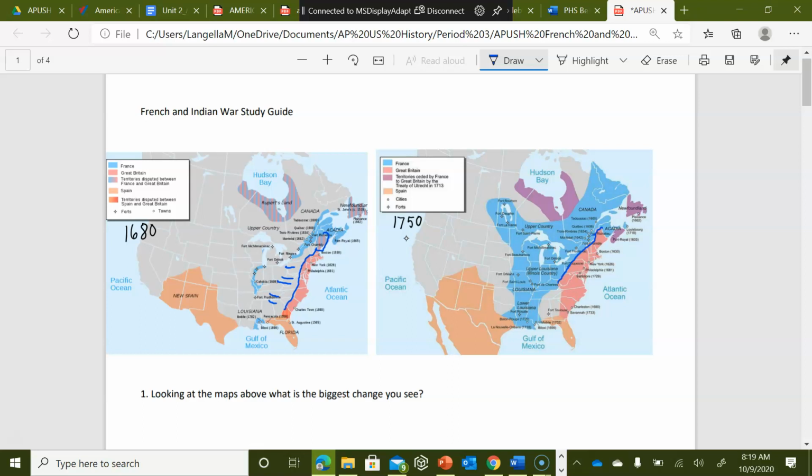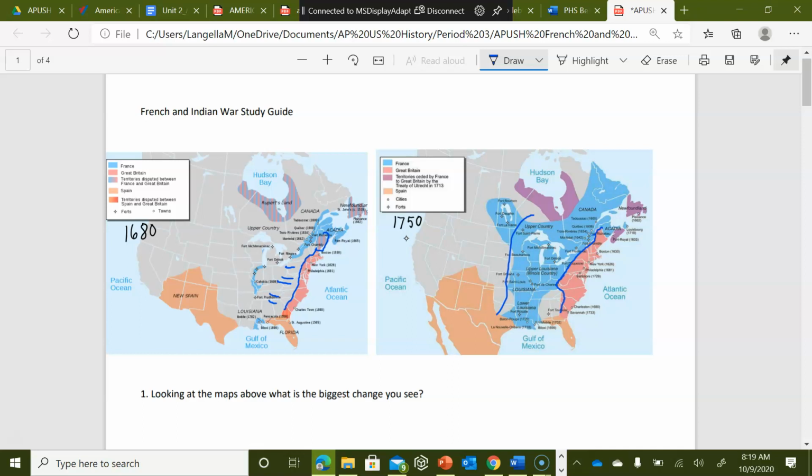Like the eastern portion, or even to the Ohio River Valley, to the Mississippi, that is all now mainly settled. The West Coast, not so much, but from this point, really settled. And obviously the French have taken complete control. The British have the eastern coast, but everything else the French have dominated.